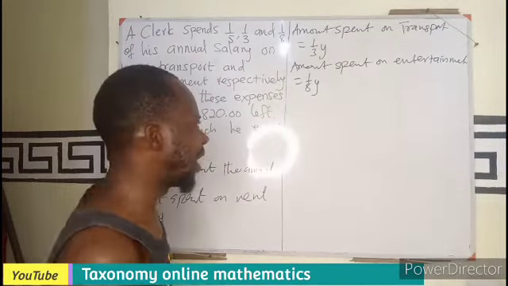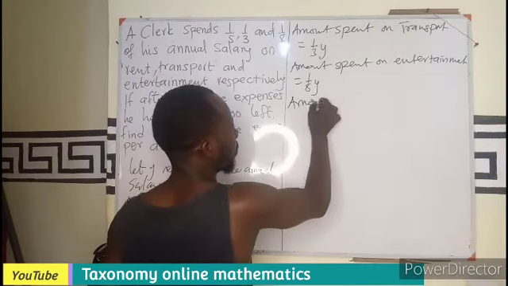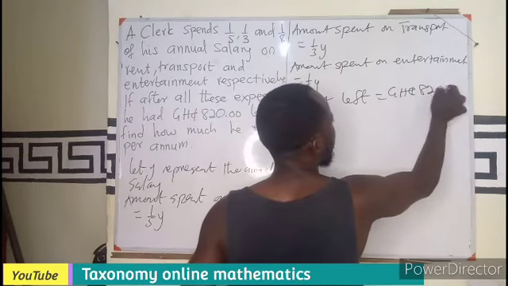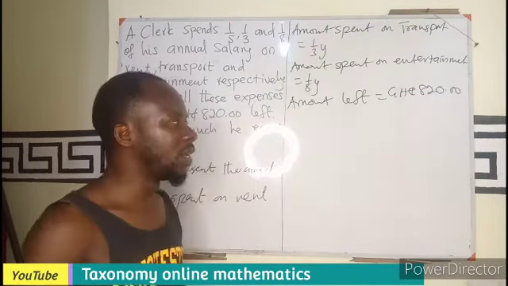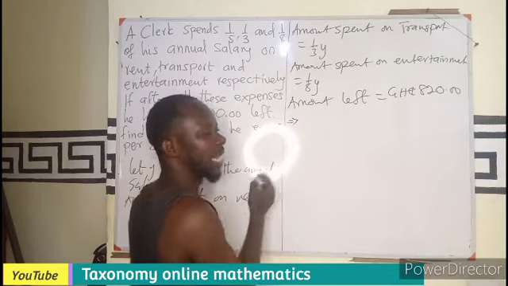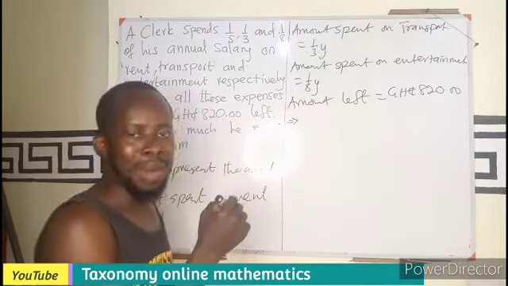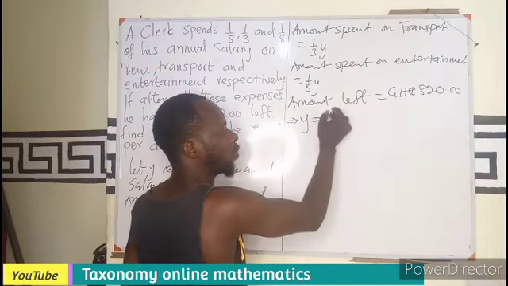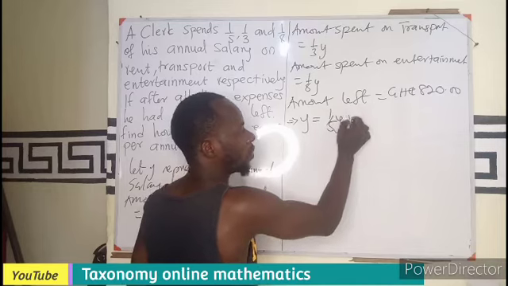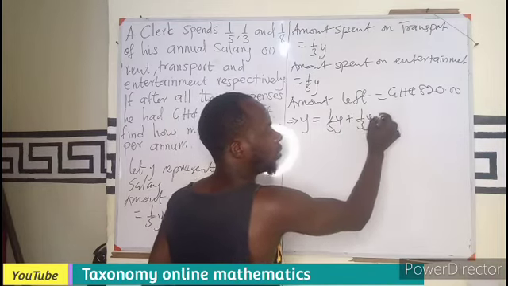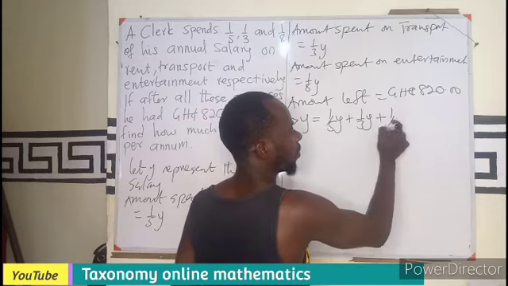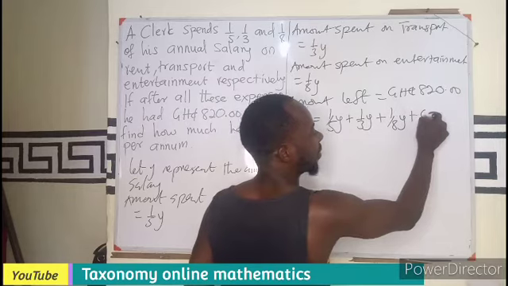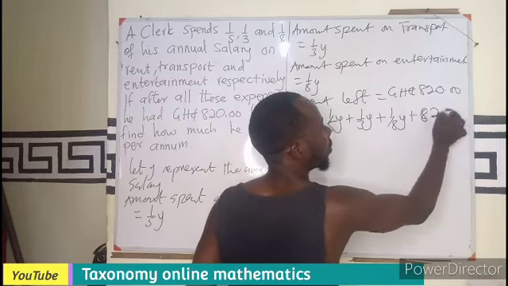So the amount left is 820, and the total amount y is equal to the amount spent on rent, the amount spent on transport, and the amount spent on entertainment, plus what is left.